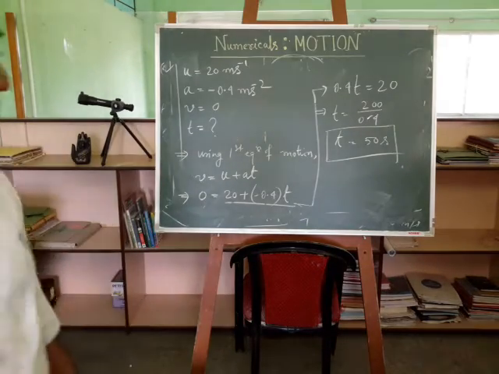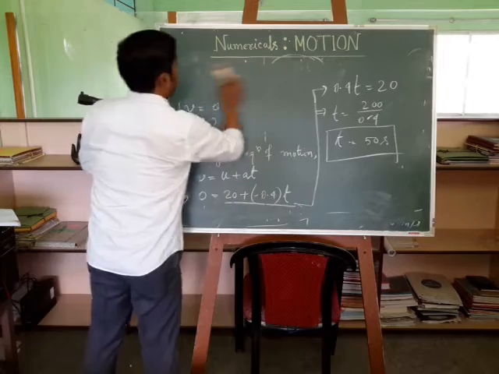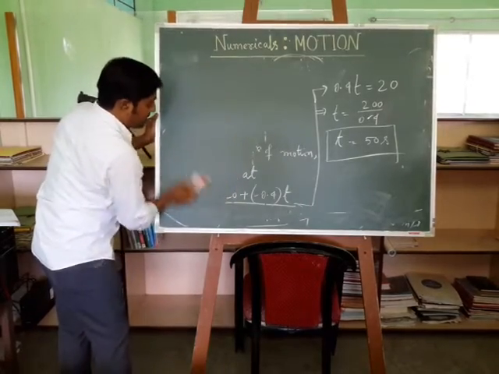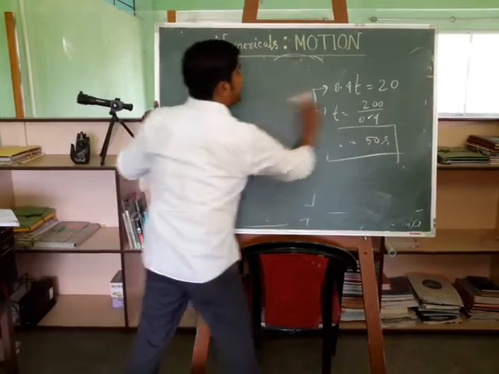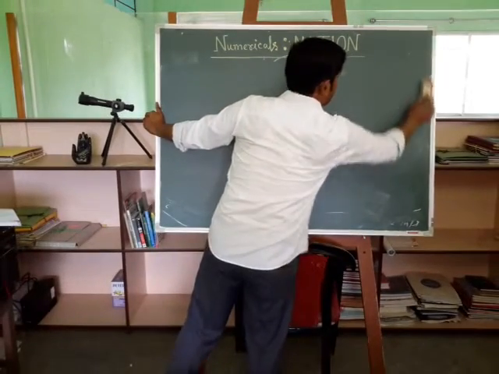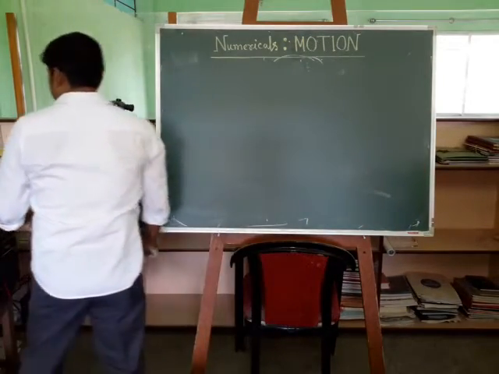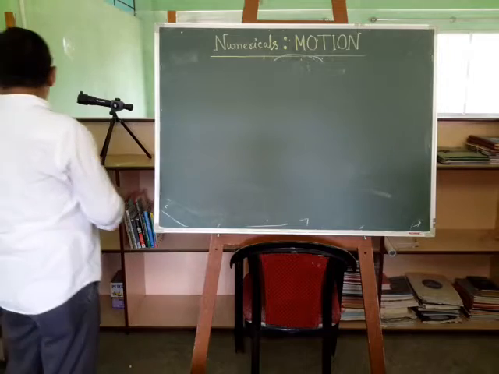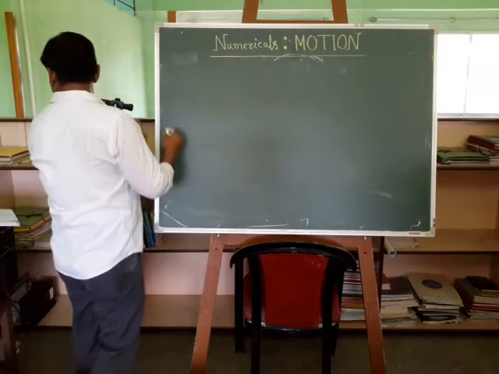Next problem, a car is traveling with a speed 20 km per hour, then its speed is increased to 30 km per hour in 5 seconds.